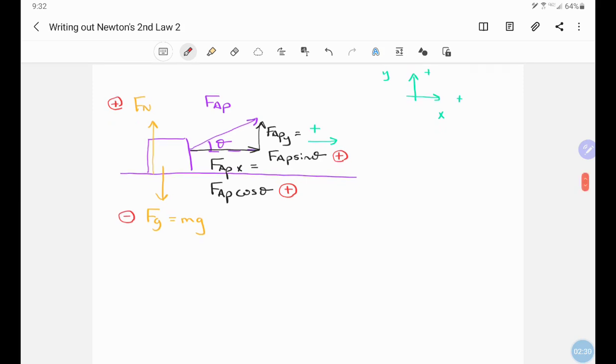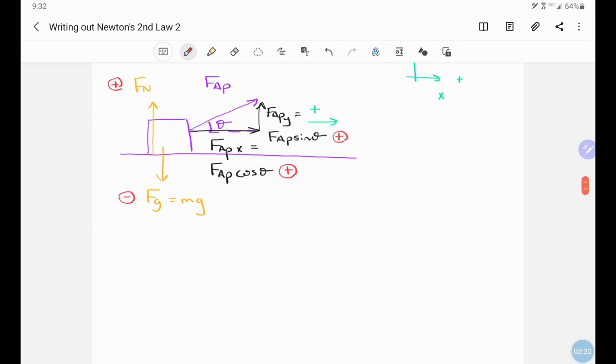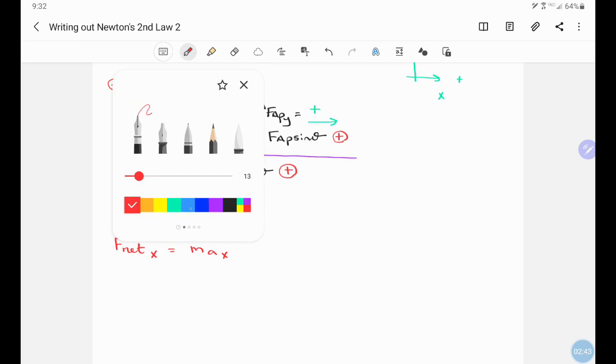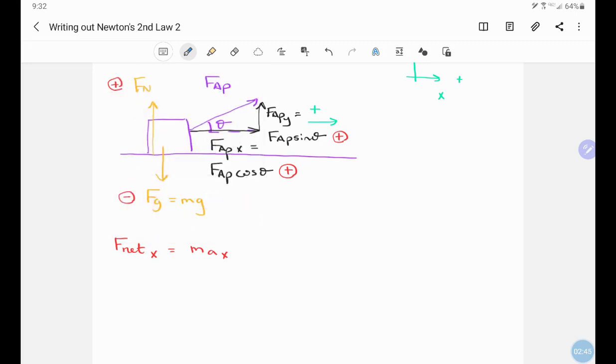Once I have direction of motion, vectors decomposed, and signs put in place, I can write out F net equals ma in both x and y. So I will start, guys, with x. So we have F net x equals max. Keep in mind, we are being specific to what we are asking for. We are looking for the forces in the x direction, and that is going to give us the acceleration of the object in the x direction.